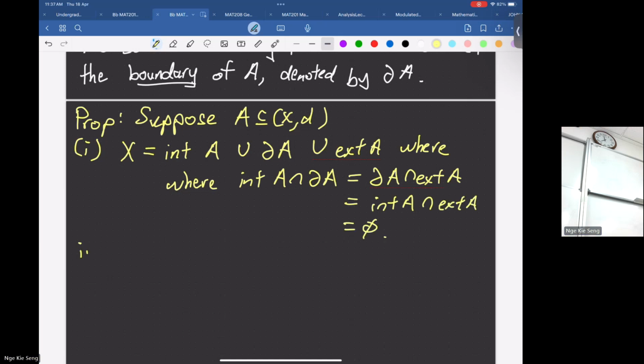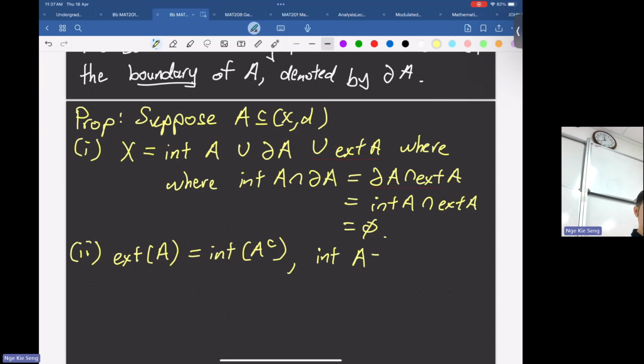Two, what else? The exterior of A should be equal to the interior of the complement of A. And the interior of A is the exterior of A complement.